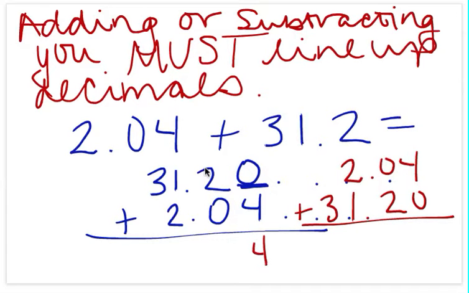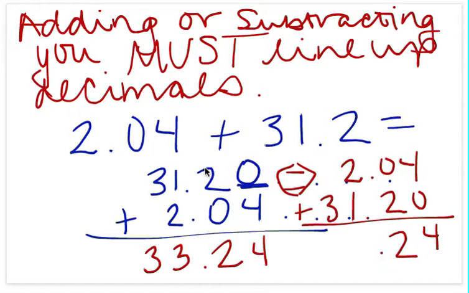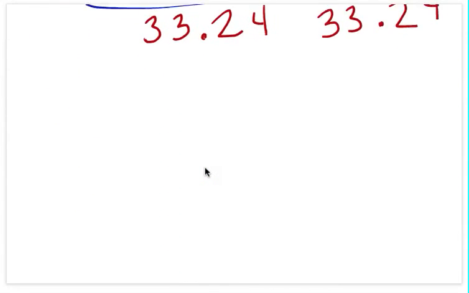So I add 4 plus 0, 4. 2 plus 0, 2. 3 plus 1, 2 plus 1 is 3, and 3. Same thing. These are interchangeable. 4, 2, bring down my decimal, 3, and 3.